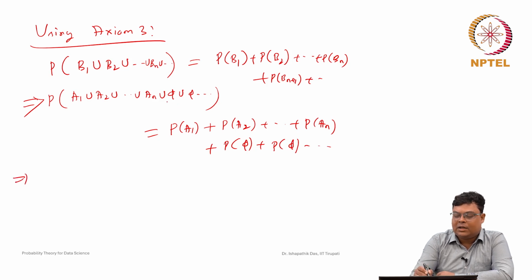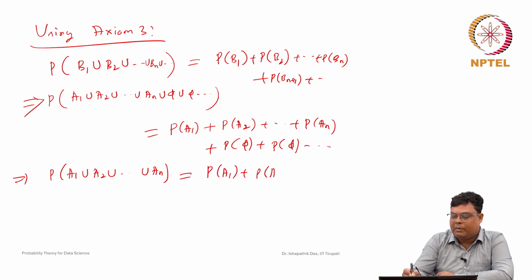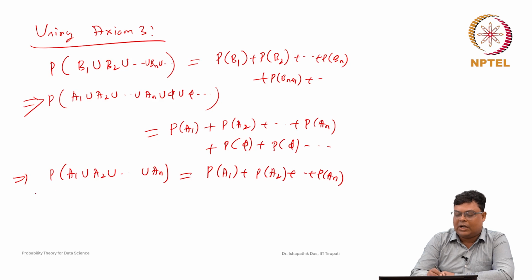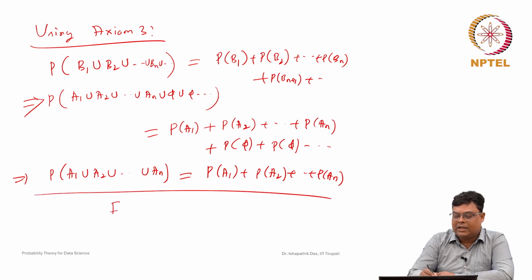The left hand side, the union with phi, is nothing but the probability of A1 union A2 union ... union An, since union with phi gives the same set. On the right hand side it is probability of A1 plus probability of A2 plus ... plus probability of An, and the remaining terms are all zeros, 0 plus 0 plus 0. That is why we proved this result for the finite case also.